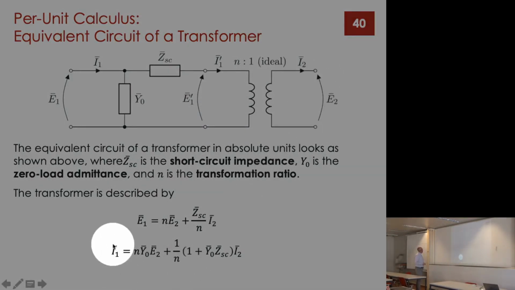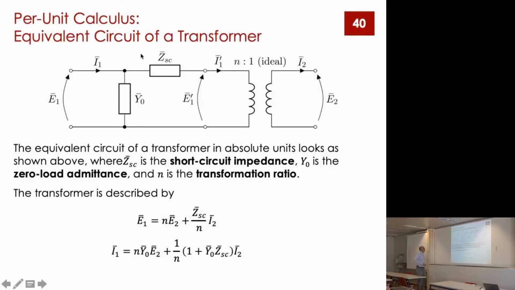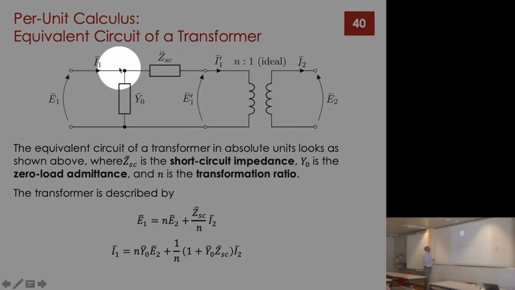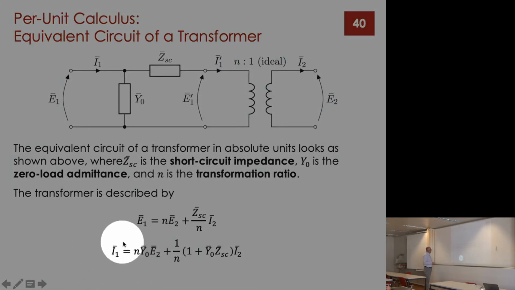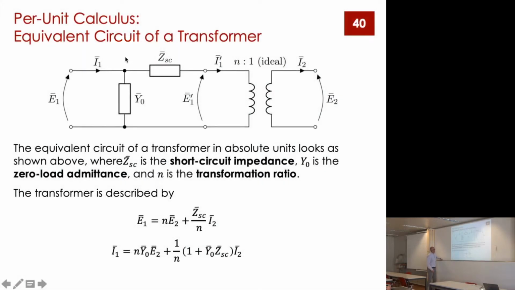Then I can also write the second equation, which is Kirchhoff's law applied to this node. How can I write Kirchhoff to this node? It's pretty straightforward. I1 is equal to Y0 times E1 plus I1 prime. Maybe I can use the board because it's a little easier.